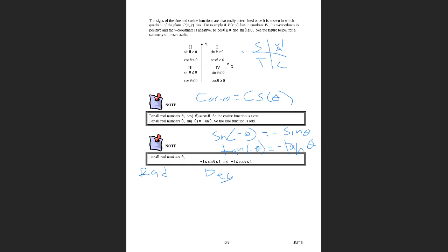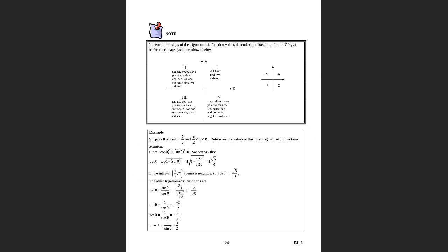If you have any answer outside -1 and 1, you have to check whether your calculator is in degrees or radians. Because if your calculator is in radians and you are working in degrees, you are going to get the wrong answer. And vice versa is also true. If you are supposed to work in radians and your calculator is in degrees, you are going to have a wrong answer. Okay, so you have to note that.